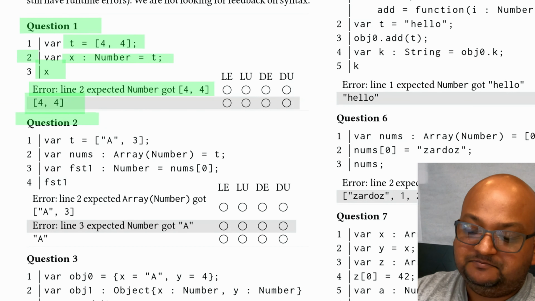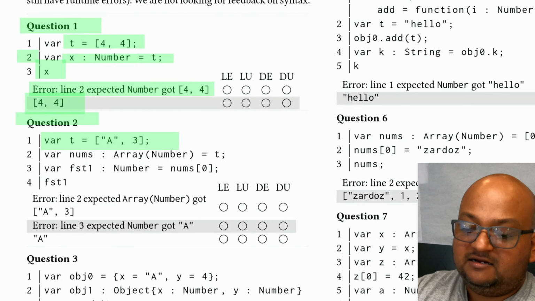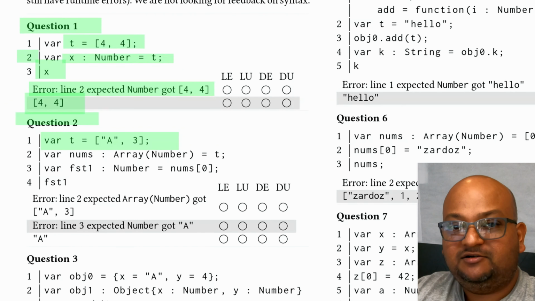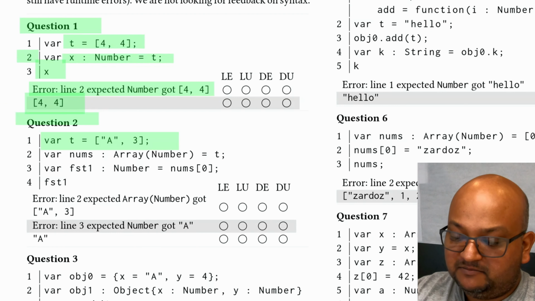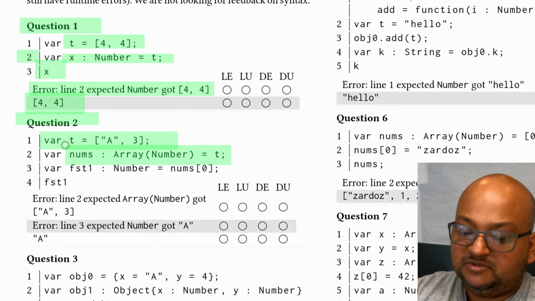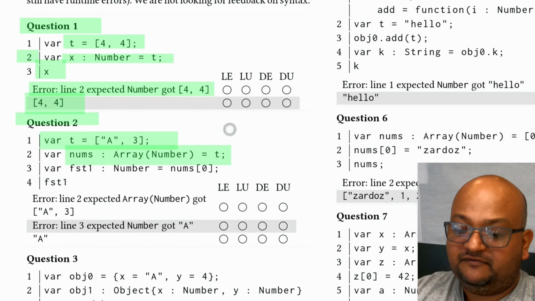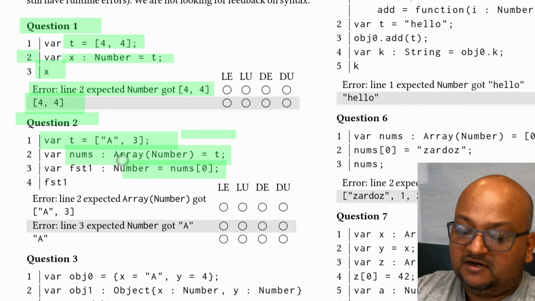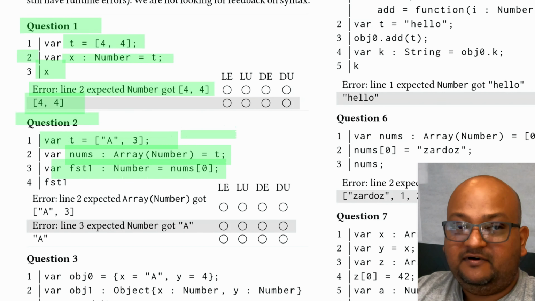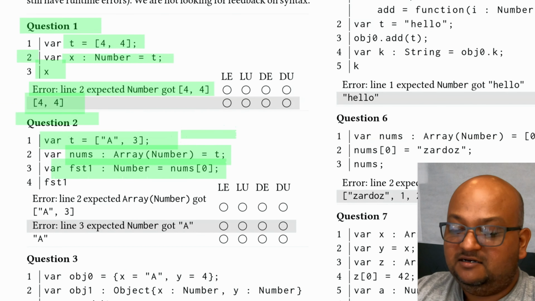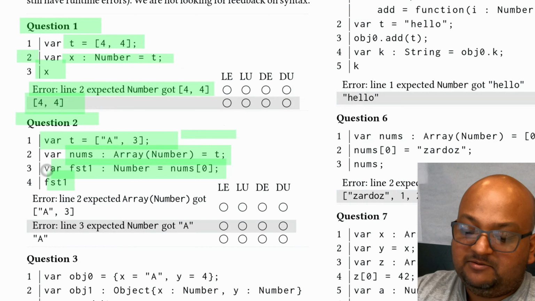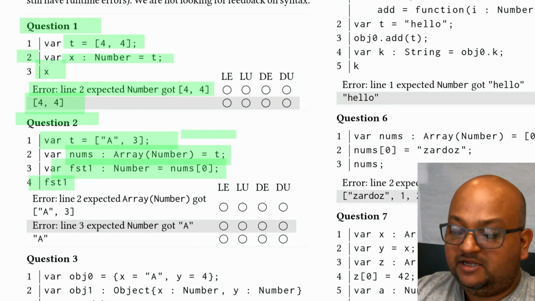Here's another question. We have an array where the first element is a string and the second element is a number. And then we declare nums to be an array of numbers and assign t to it. So right away there's a type mismatch here because one of the elements of t is a string. And then we take first to be the first element of this nums array. And when we evaluate first, what should we get?